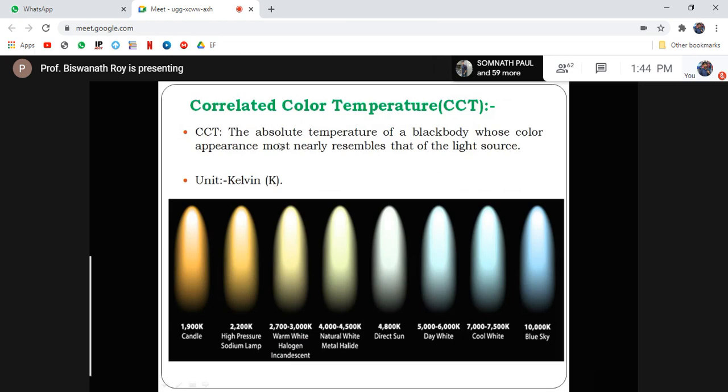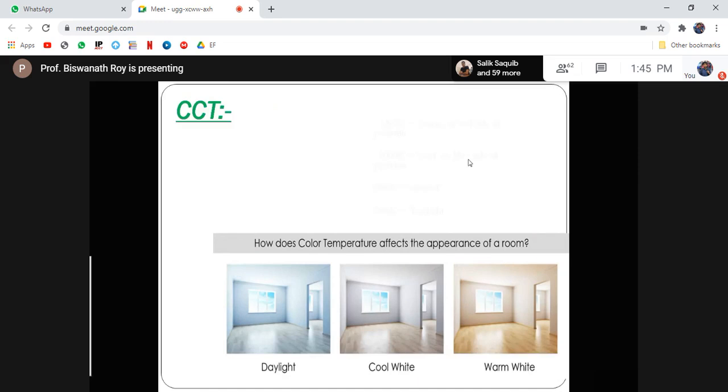CCT physically represents the color appearance of a white light source. And for white light sources, there are three ranges. We call them warm white, neutral white, or cool white.